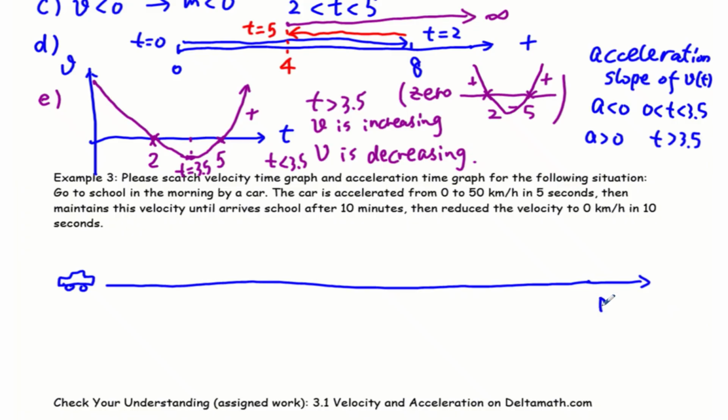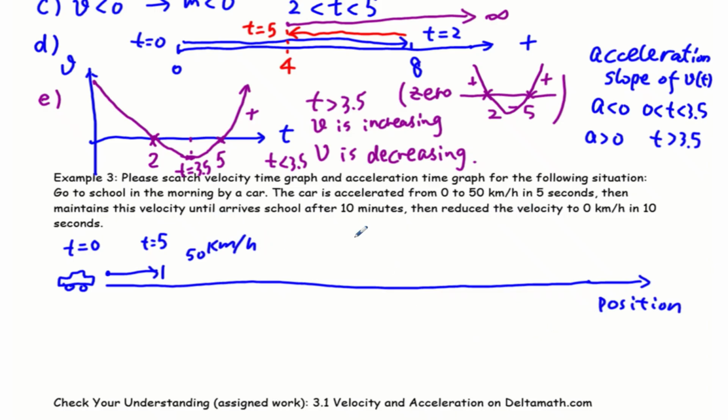We are going to draw a position line first, then on the position line indicate where it will go. So from t equals 0, the car starts. In 5 seconds, it accelerates to 50 km per hour.